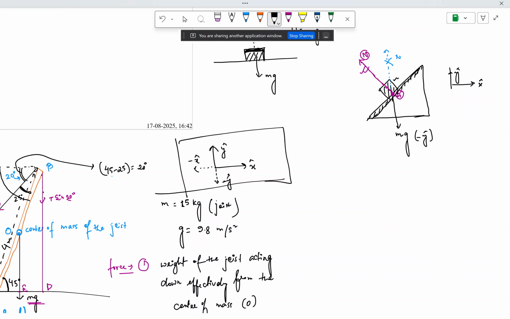Because it is a slanted plane, if you draw the perpendicular from the point of contact, it will act in this direction, not in the exact y cap direction upwards, but at some angle, with both x cap and y cap components. The idea is that the contact force's direction is based on how the object is in contact with the corresponding plane, right?